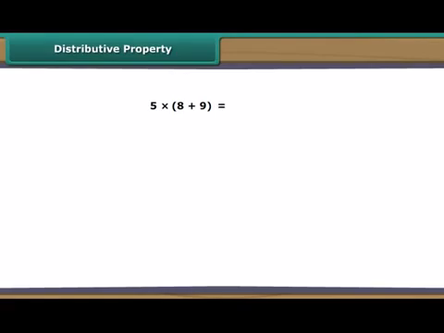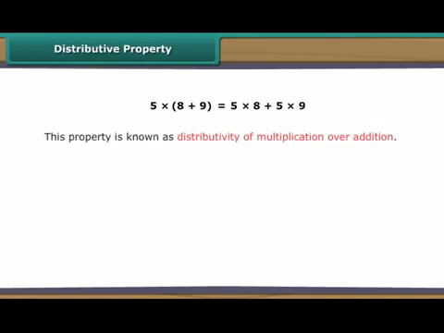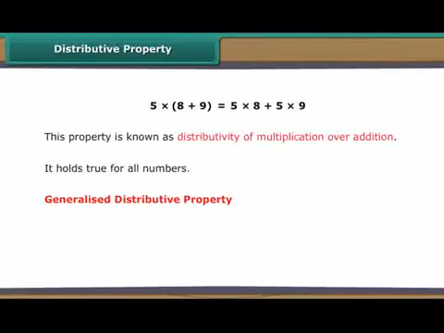It can also be written as 5 into 8 plus 5 into 9. This property is known as distributivity of multiplication over addition. It holds true for all numbers. We can therefore generalize it with variables as bracket starts A plus B bracket closes into C is equal to A into C plus B into C.